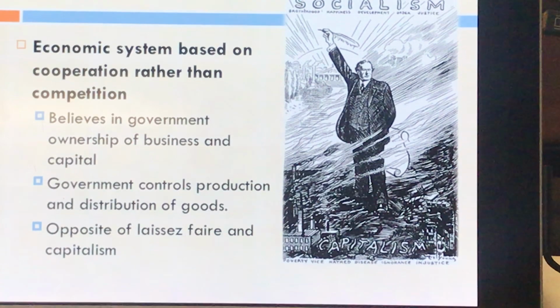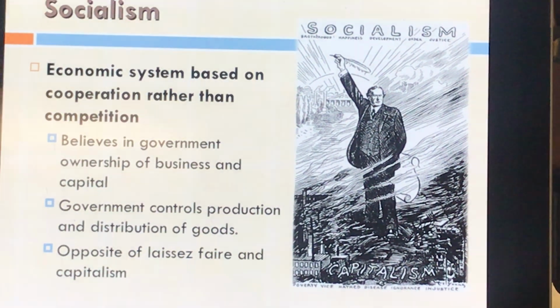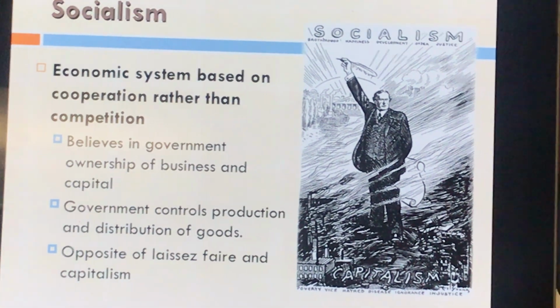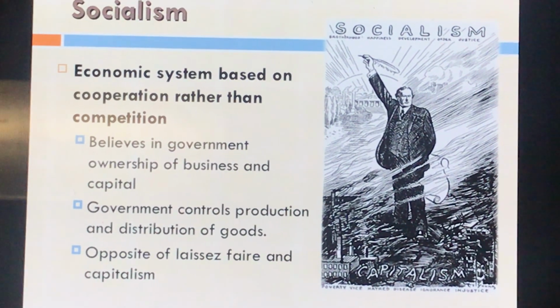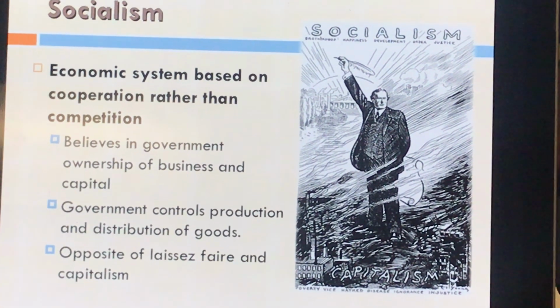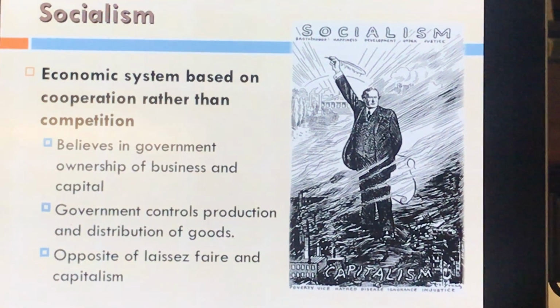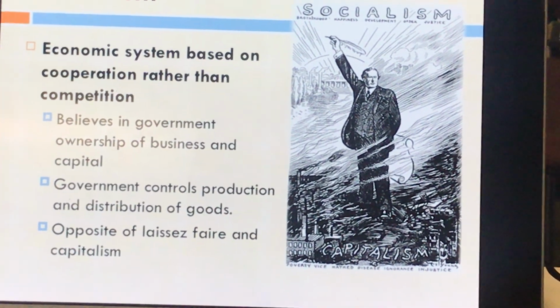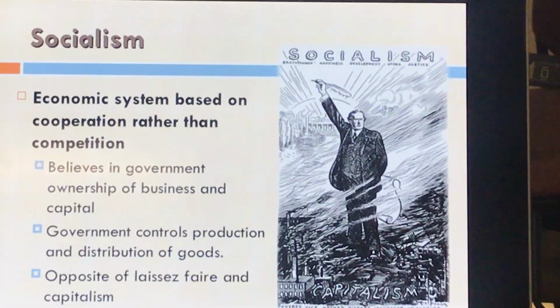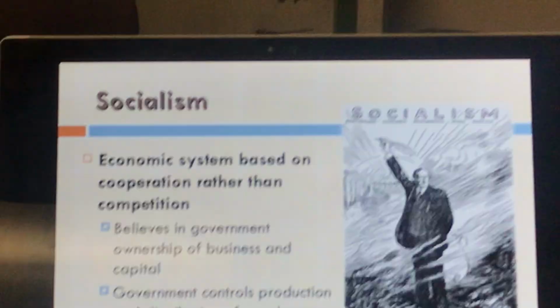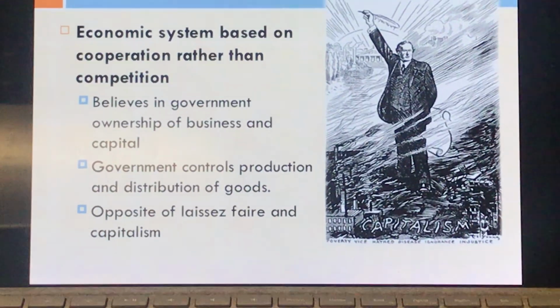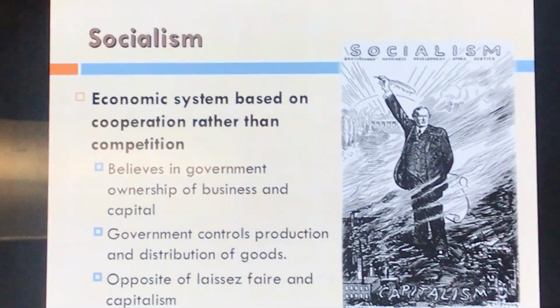Now, socialism isn't quite as extreme as communism. Socialism says the government should own some of it. Communism says it should own all of it. The government could control production and distribution of goods, and it's the opposite of laissez-faire and capitalism. It looks for a lot of government involvement.